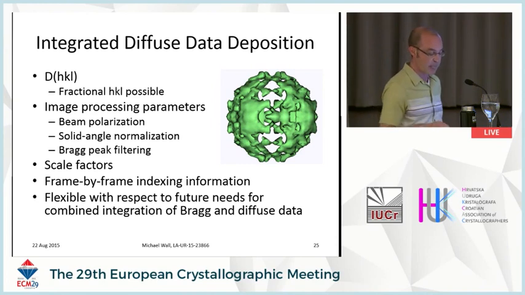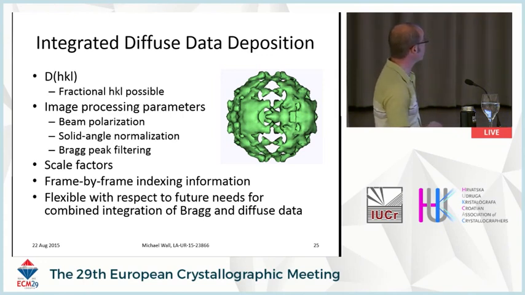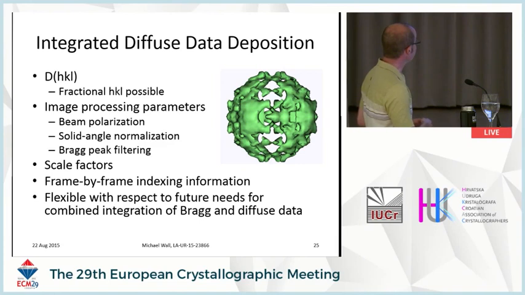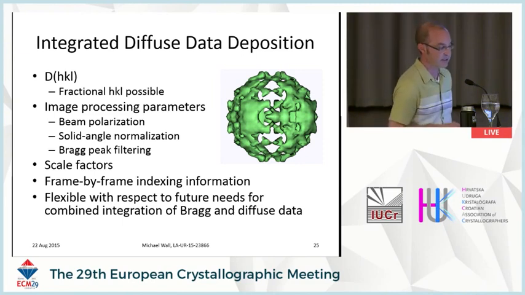I think some of the issues that come up with the diffuse data might start to spill over into needs for the Bragg data, because I think one future application of the diffuse scattering is to come up with a better model of the background so that the Bragg data and diffuse data can be better separated. And a part of that, I think, will be an increased amount of information that is deposited just about the indexing and the integration that's applied.